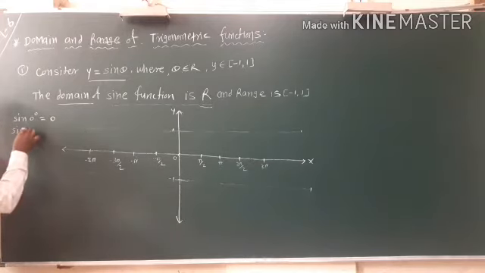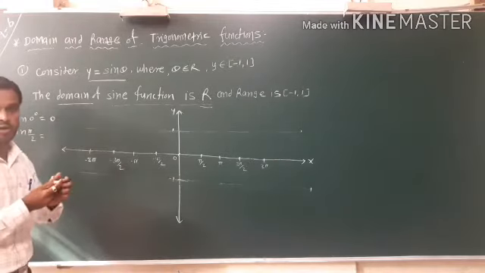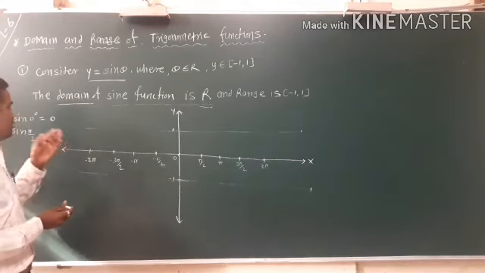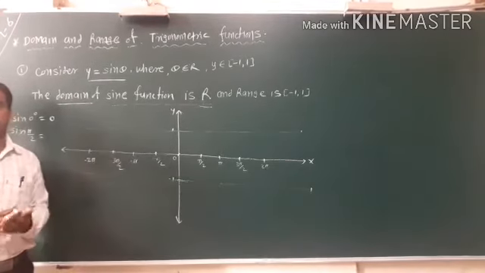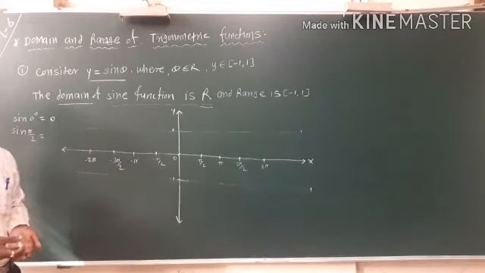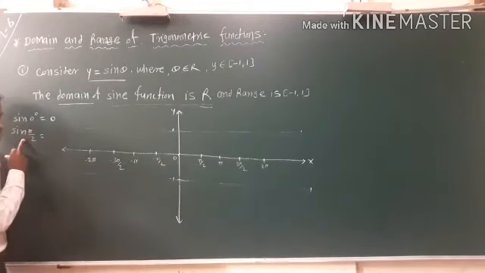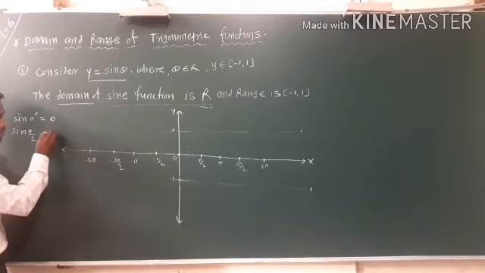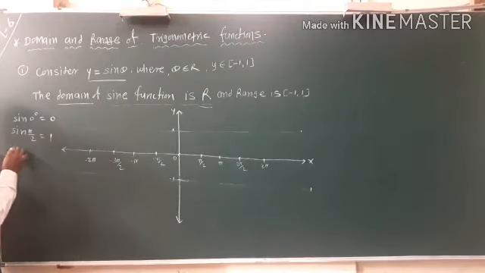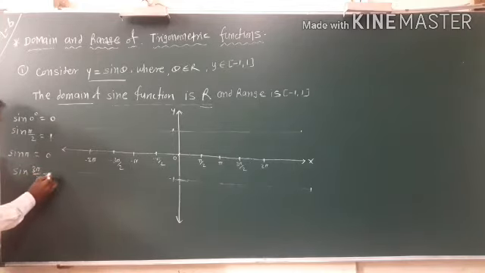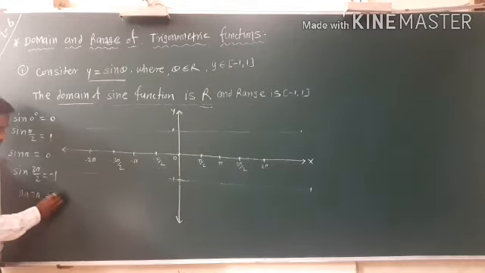Similarly, sin pi by 2 equals 1. Using the trigonometric table, the values for sin 0, sin pi by 2, sin pi, sin 3 pi by 2, sin 2 pi are: sin 0 is 0, sin pi by 2 is 1, sin pi is 0, sin 3 pi by 2 is -1, and sin 2 pi is 0.